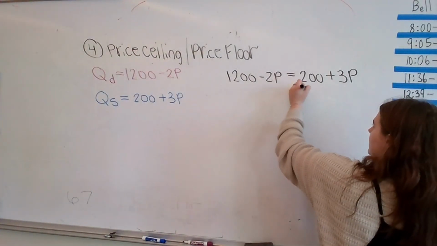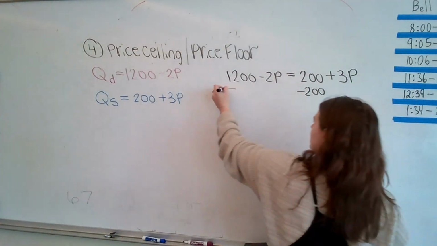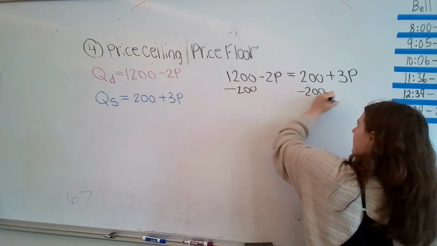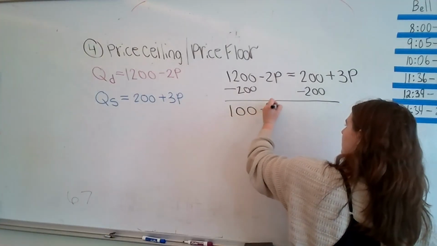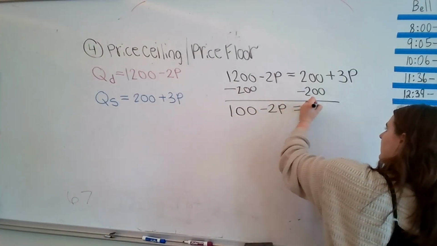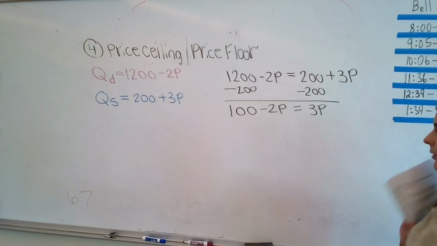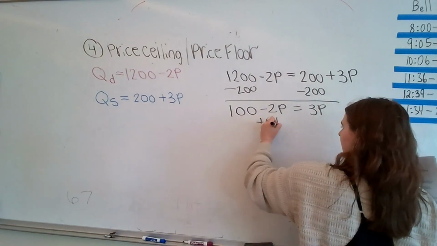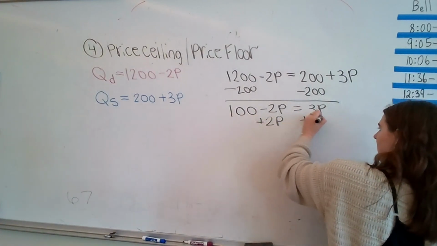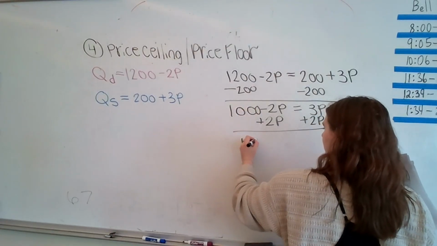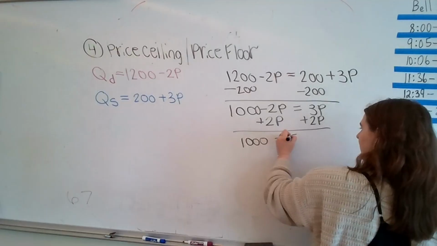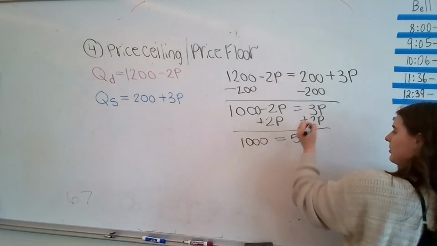In this case, I'm going to subtract 200 from both sides. That gives me 1,000 minus 2P equals 3P. We're going to add the 2P to both sides. That's going to give me 1,000 equals 5P. 3 plus 2 is 5.